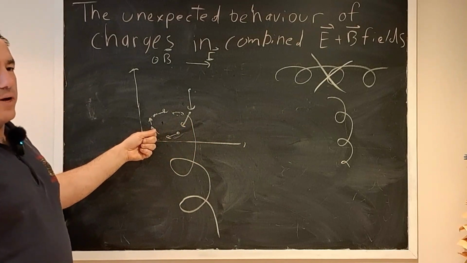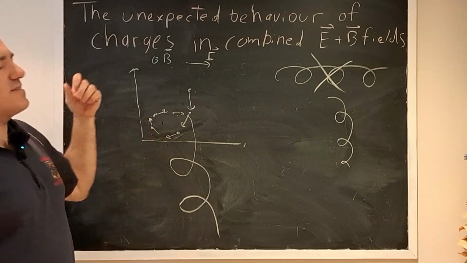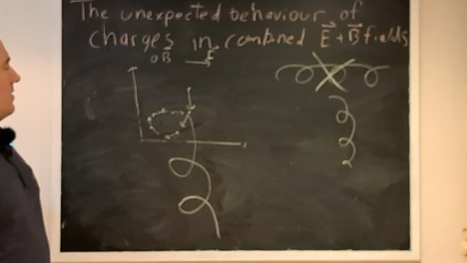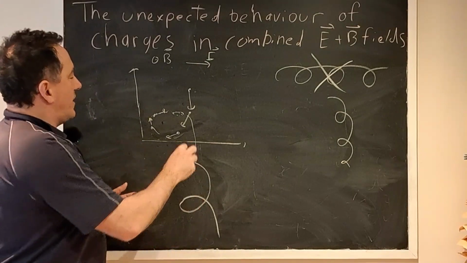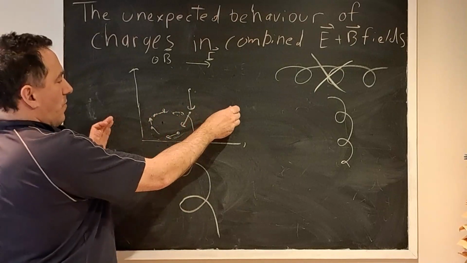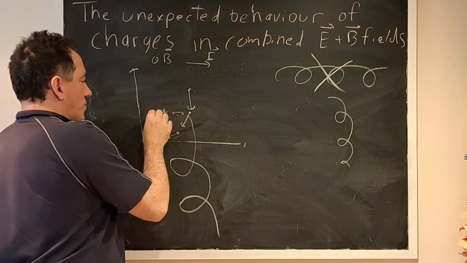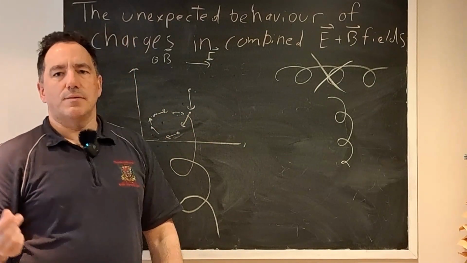Not only the direction of the velocity vector changes, but its magnitude. And this affects the force that's exerted on it, so that the particle will change the shape of its movement in our reference frame, because the force that's exerted on this particle depends on its speed. And that's it for today.